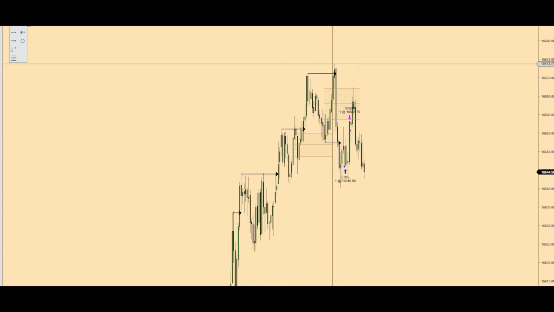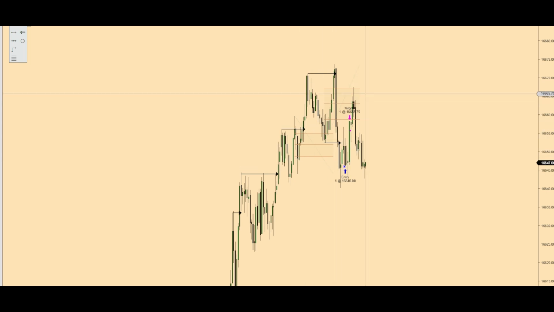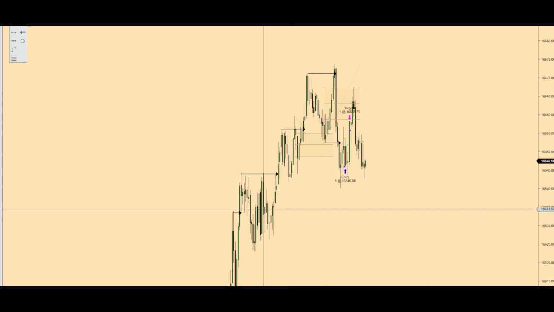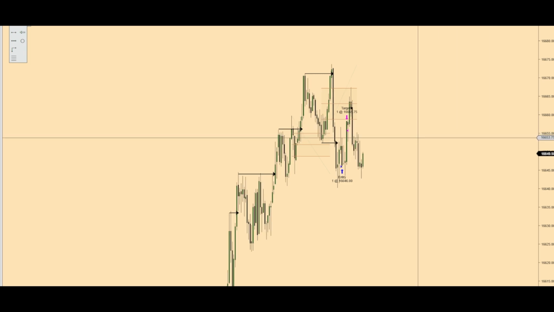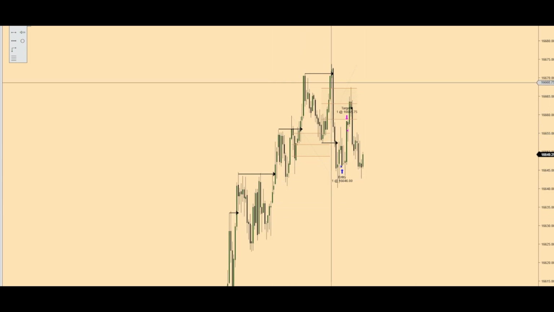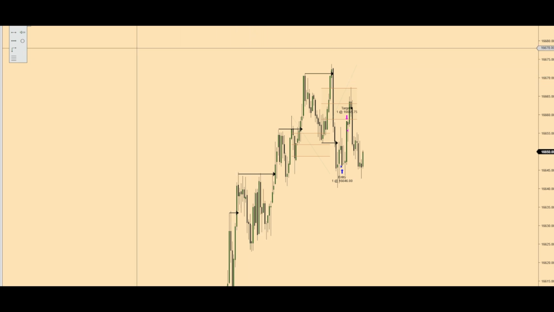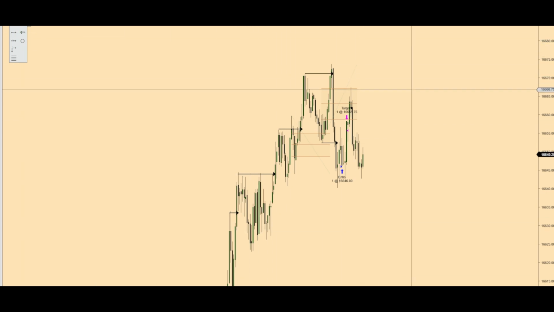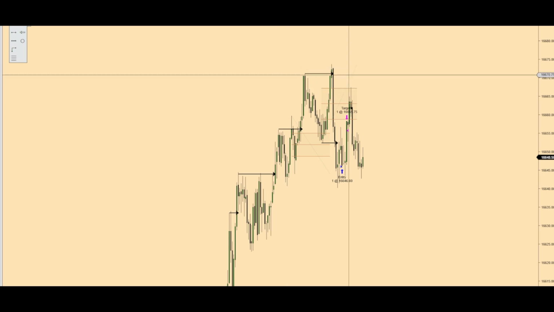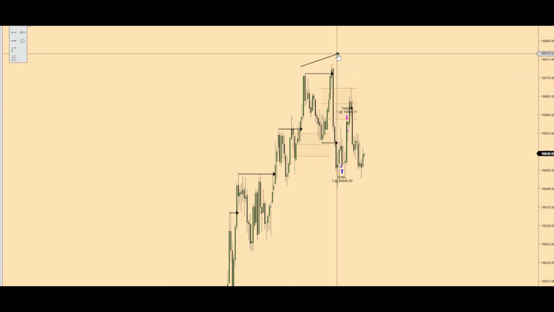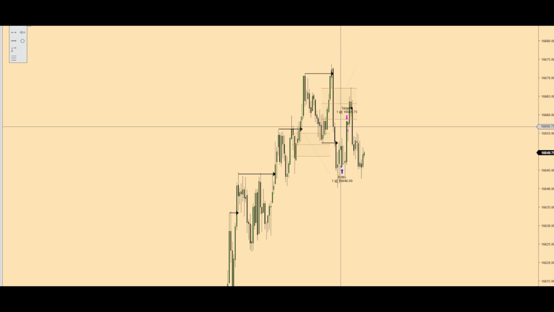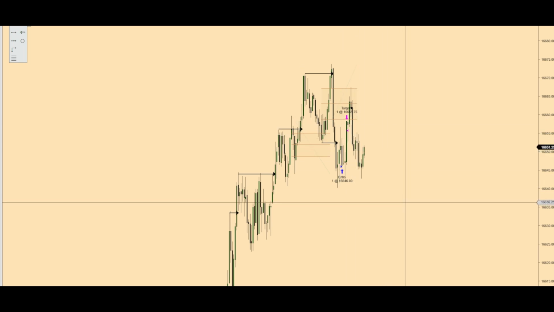So fail, come in here, get a reaction, come down here, get a reaction. Basically the same as a market maker sell model. You know, back when I used to trade them, I'm sure if you go look at ES or YM, there's potentially SMT right here. But I'm not concerned with that anymore.